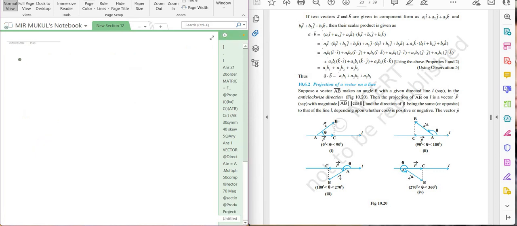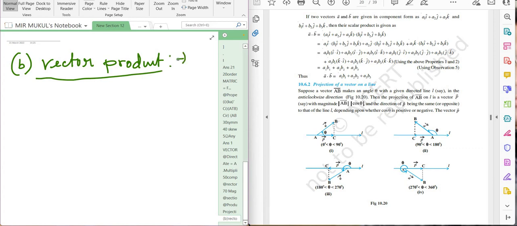Now the second type of product is the vector product. Suppose two vectors have angle theta between them.